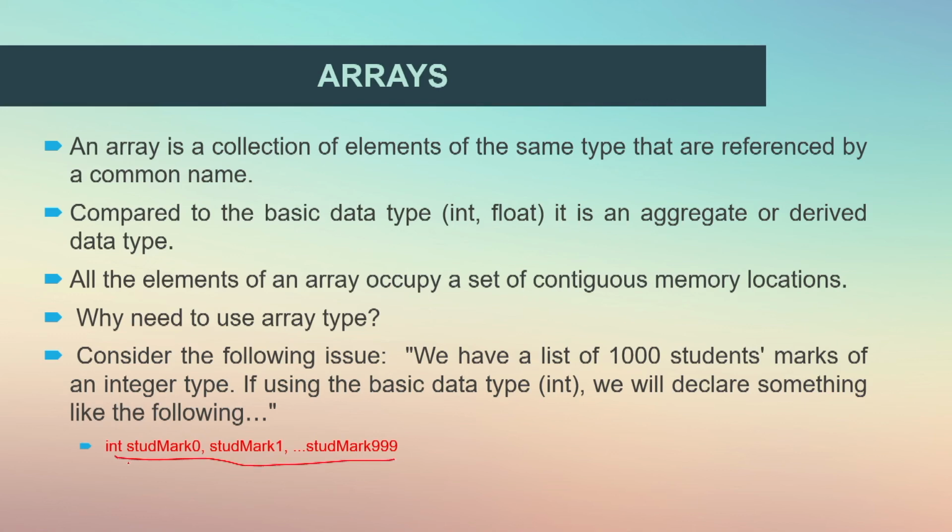I am supposed to declare student 1 mark 1, student 2 mark 2, student 3 mark 3, up to student 999. I have to create n number of variables. So, this would be a difficult process to handle a large number of students or any entities.